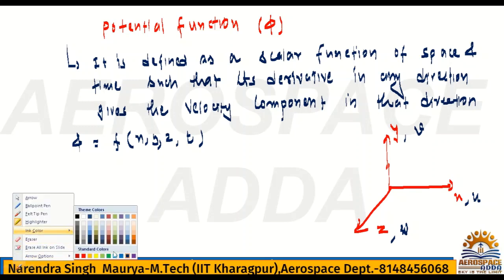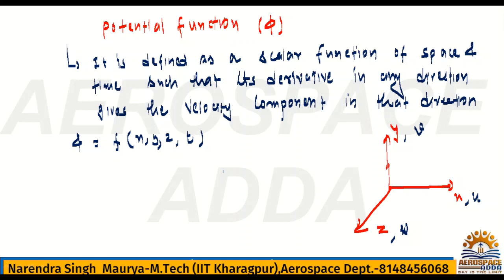Anyway, it states that if you take the derivative of the potential function in any direction, just say in the x direction, then it will give the velocity component in that direction only. What is the velocity component in the x direction? It is u. Similarly, if you take the derivative in the y direction, it will give v, and if you take the derivative in the z direction, it will be w.